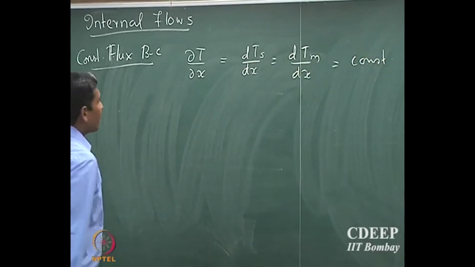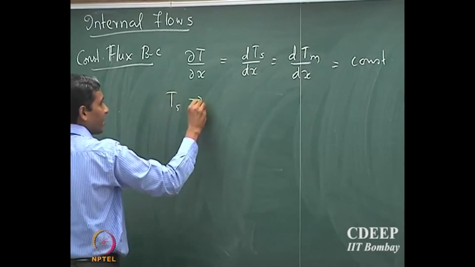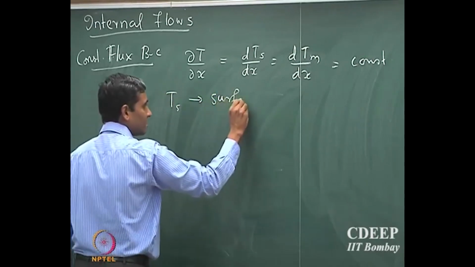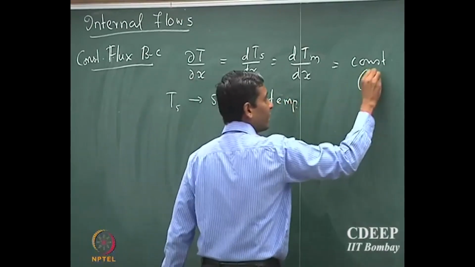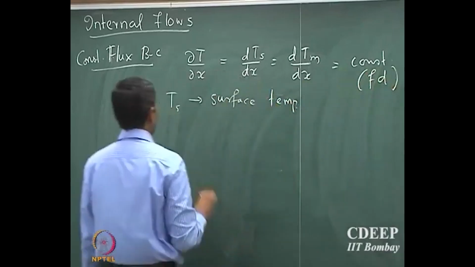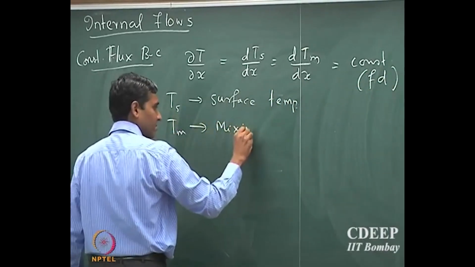Okay. So, Ts is the surface temperature, again this is in the fully developed regime, and Tm is the average or the mixing cup temperature.